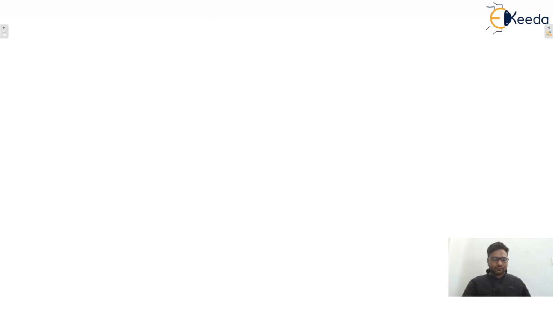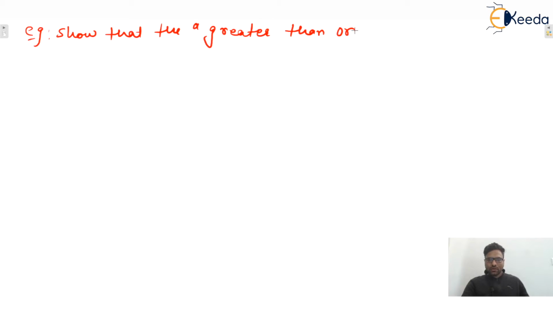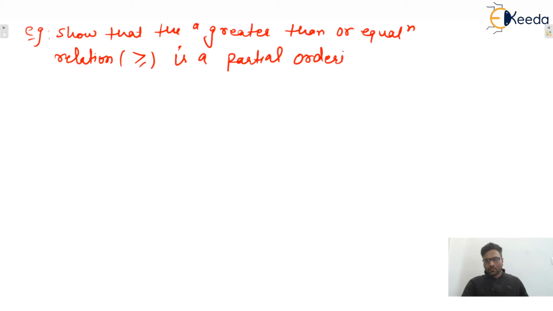So let us take one example. First example: show that the greater than or equal relation is a partial ordering on the set of integers.